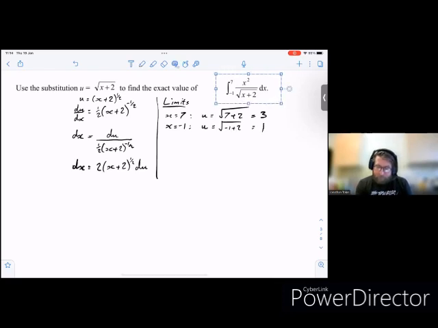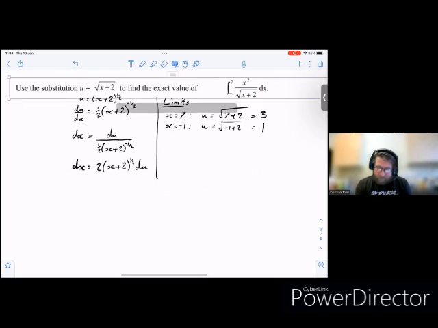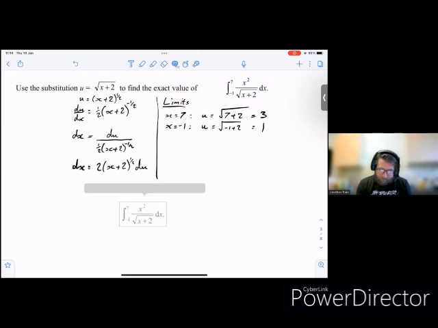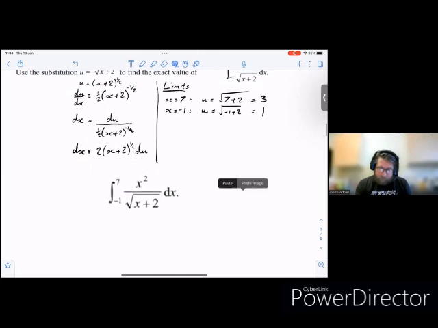So if we sub everything there, we get a new integral. So we've got new limits.